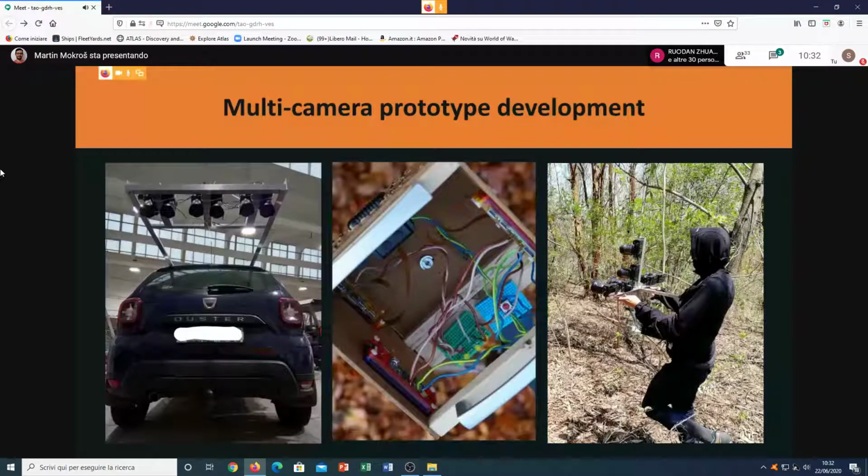But why the multi-camera system? There are more reasons why to do such a thing. You need to scale the data, and if you have multi-scale data, the position of the camera.